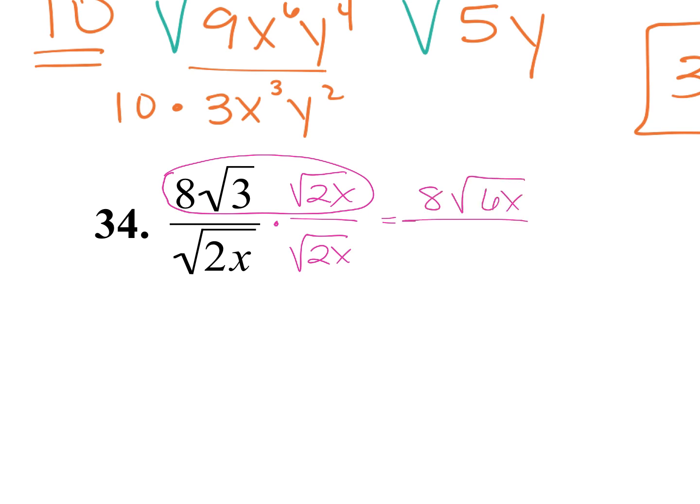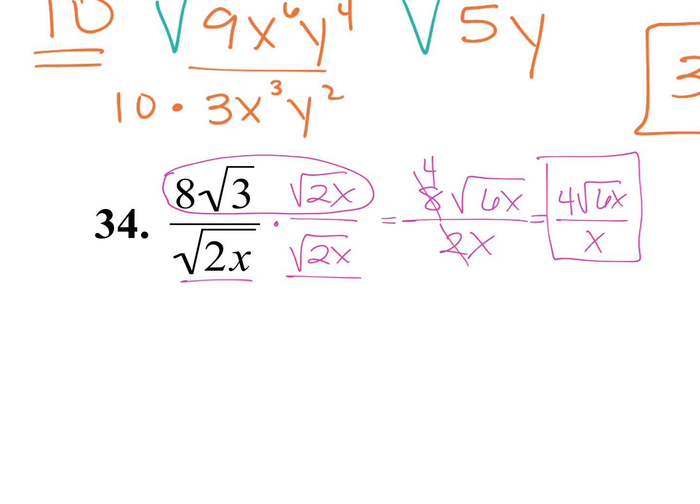What's on bottom? 2x. When you multiply the square root of 2x times the square root of 2x, that's the square root of 4x squared, which is 2x. Okay, your 8 and 2 reduce to 4 and 1. So you get 4 rad 6x over x.